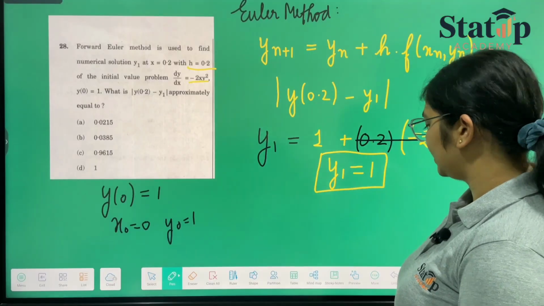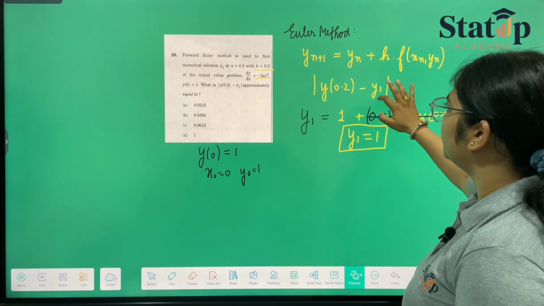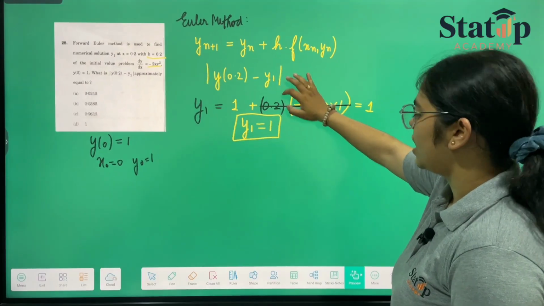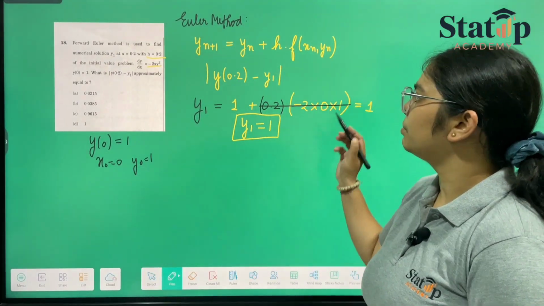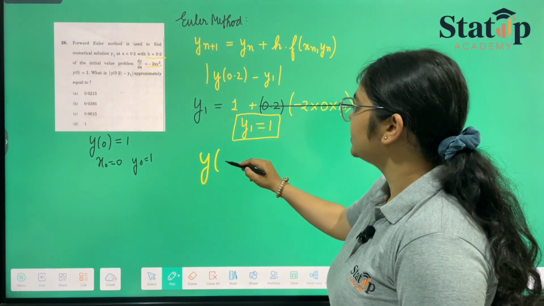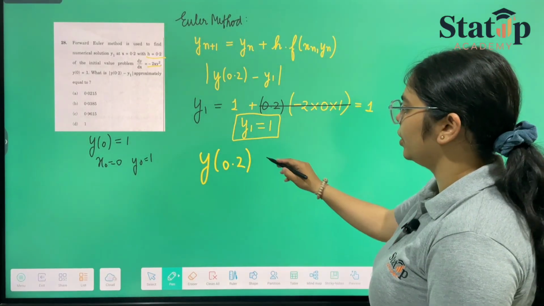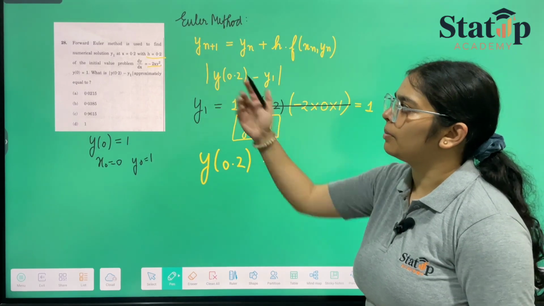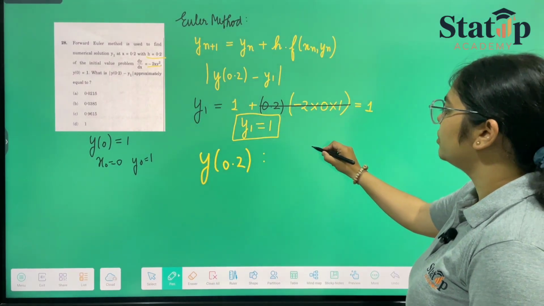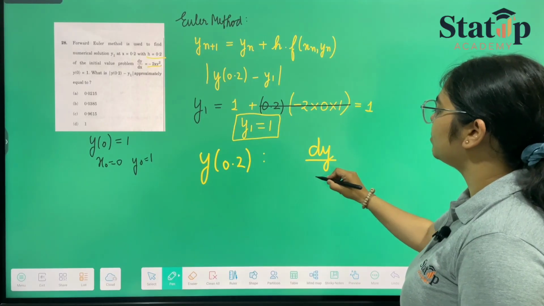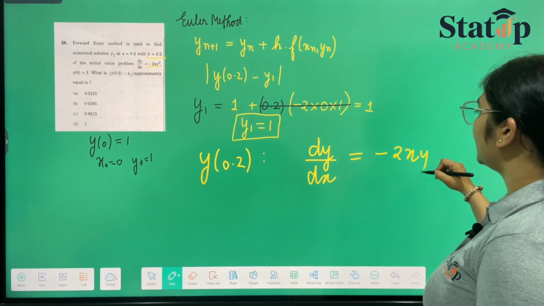Now the second thing that we have to derive is y(0.2), the value of y when x equals 0.2, which we'll calculate from our initial value problem dy by dx equals minus 2xy square.